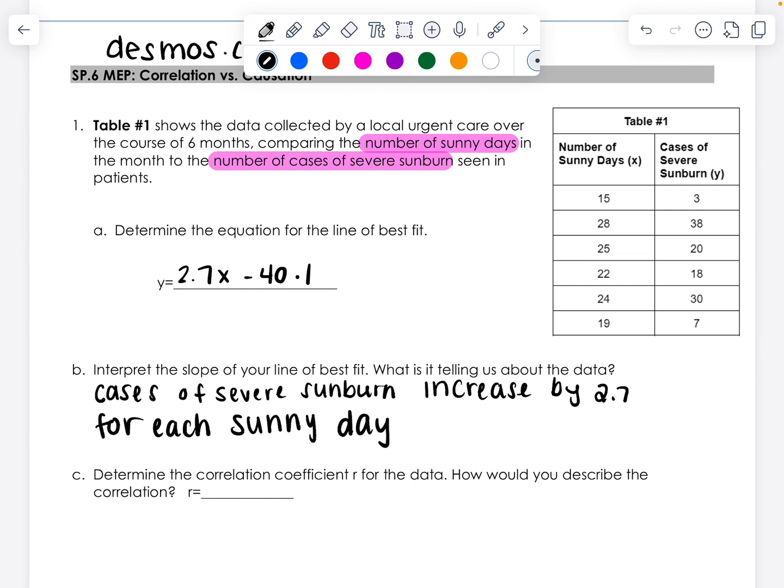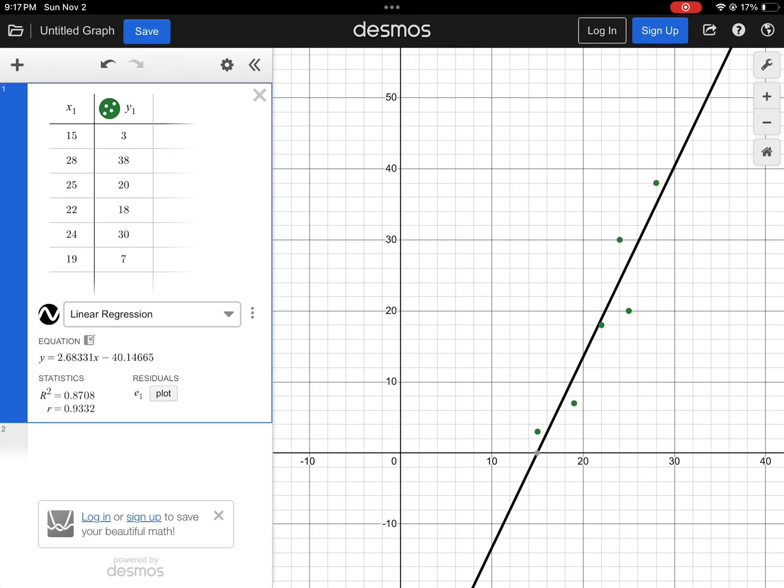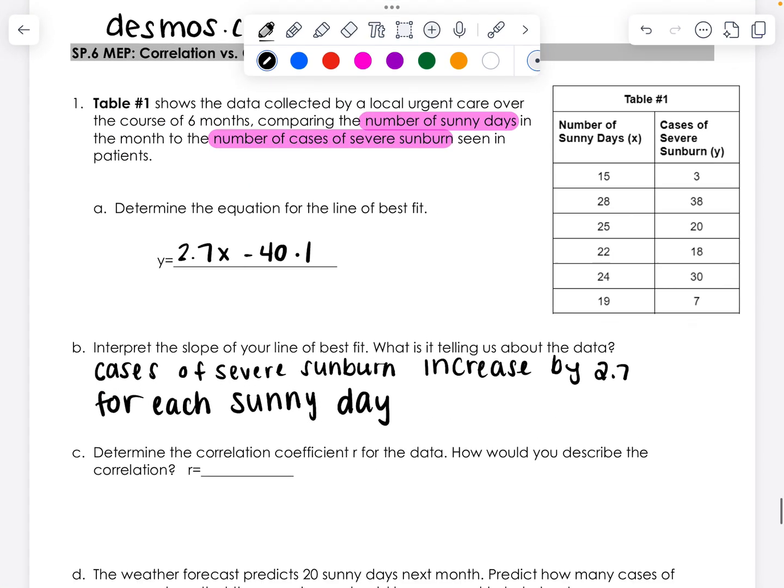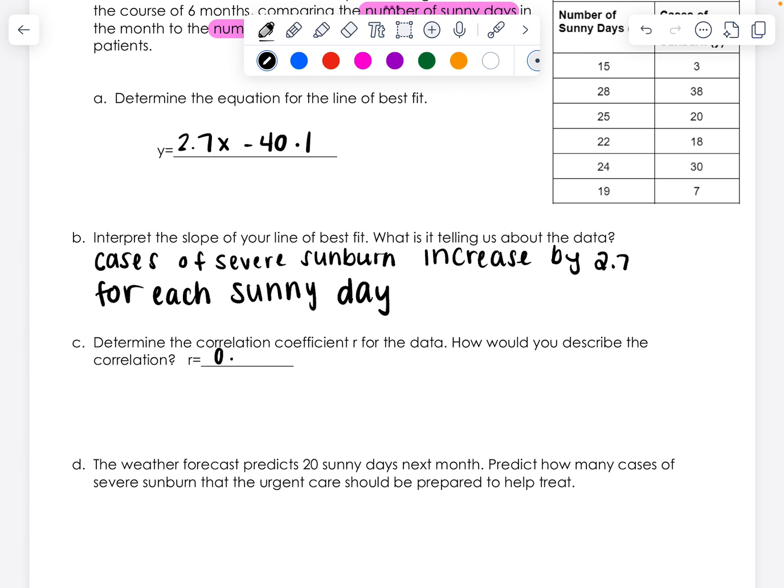Once we do that, we need to write down the R value. I'm going to switch back to Desmos. Remember, we're looking at the lowercase r, so that's going to be 0.93. How would you describe the correlation?